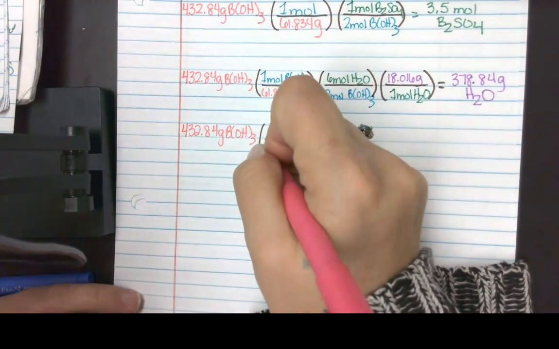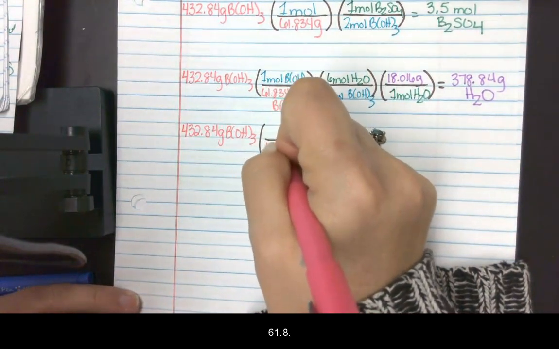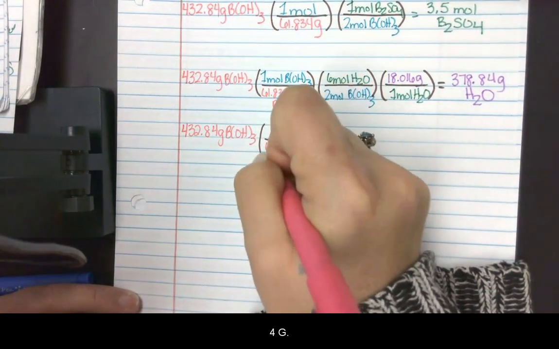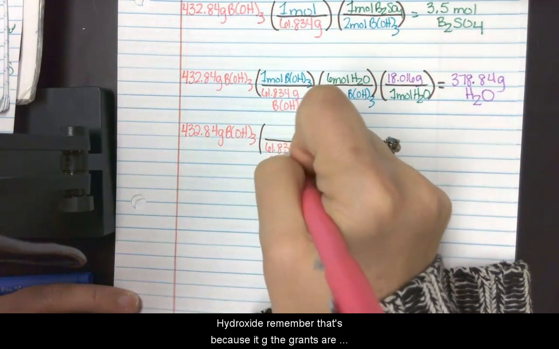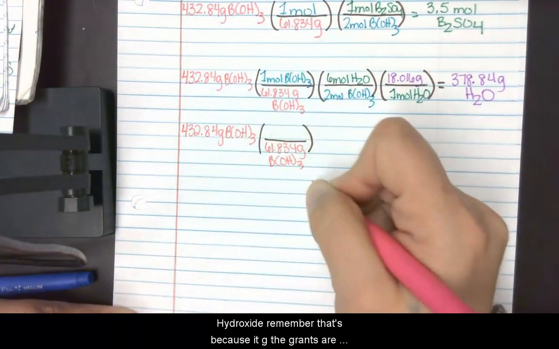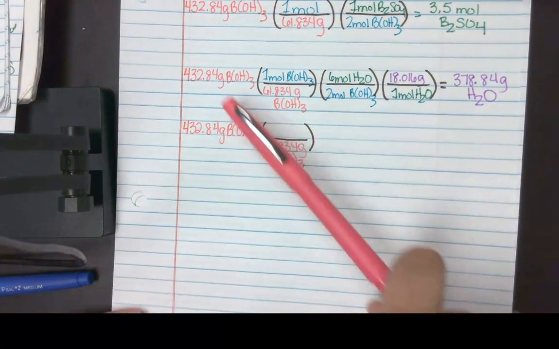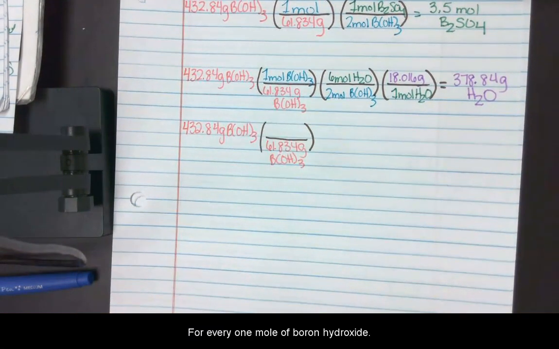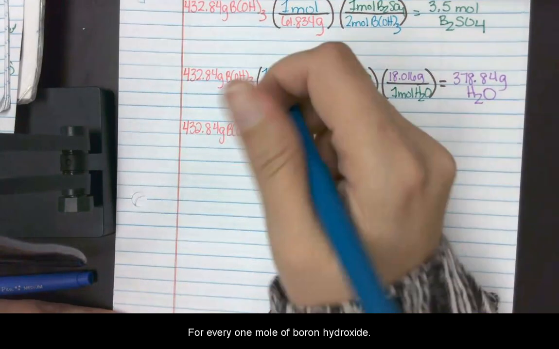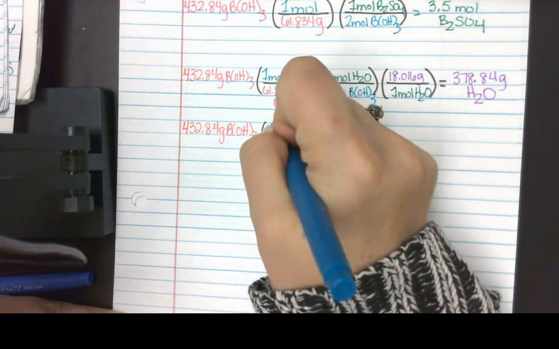So put that 61.834 grams boron hydroxide. Remember, that's because the grams are going to cancel out. That's for every 1 mole of boron hydroxide.